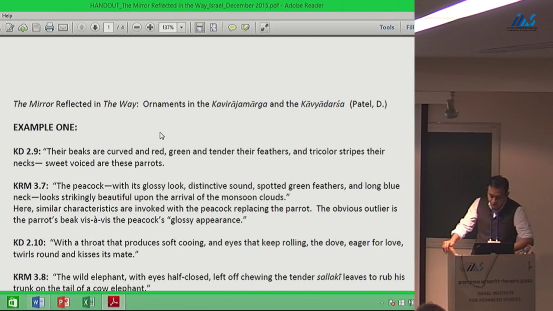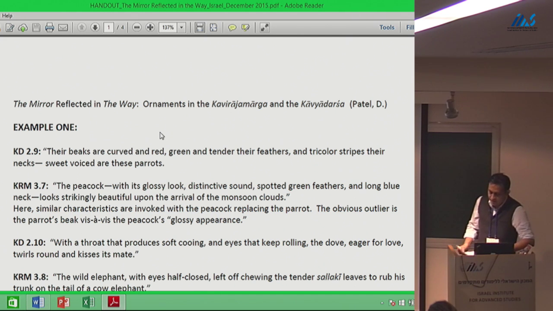Sometimes there are very small differences in the nomenclature. So the Kavirajamarga has sakala vyapi arthantaranyasa, whereas Dandin has vishwa vyapi arthantaranyasa. There are a few things like that you can identify in comparing the two, and then some odd inversions.